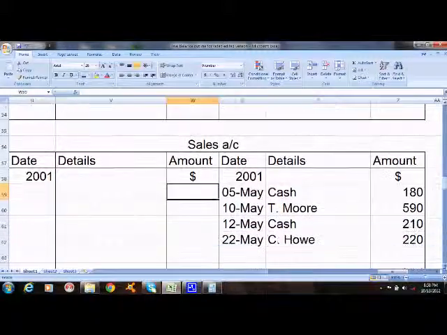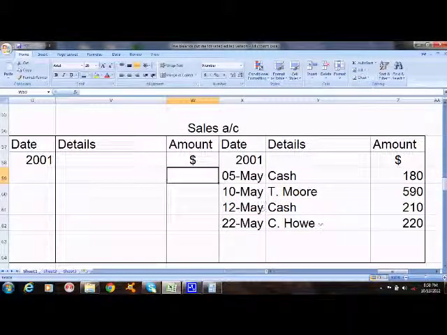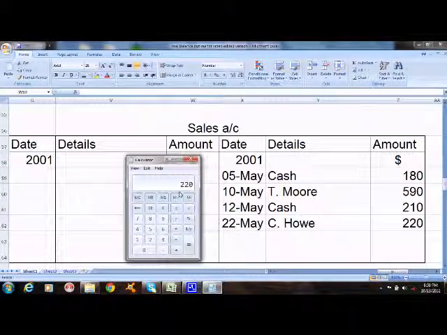Now, as you can see, the sales account has only one side full, right? Yes, so we're going to add up the credit side of the sales account. There's 0 on the debit side. The sales account has a credit balance, while the purchases account has a debit balance. 180 plus 590 plus 210 plus 220 equal to 1200.